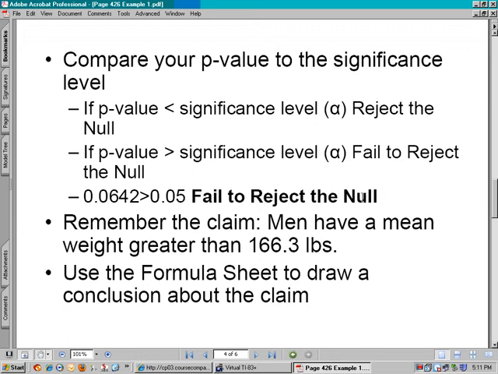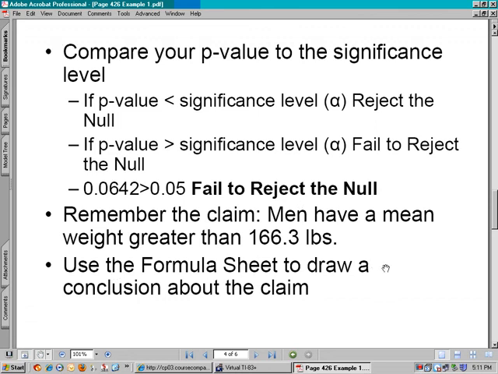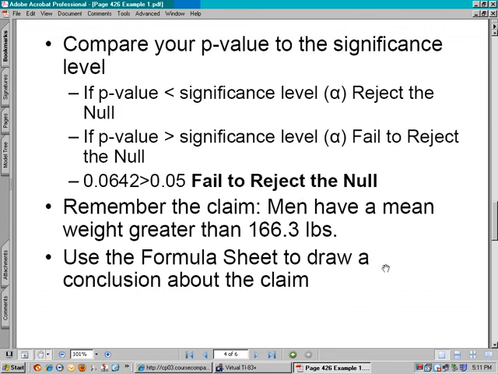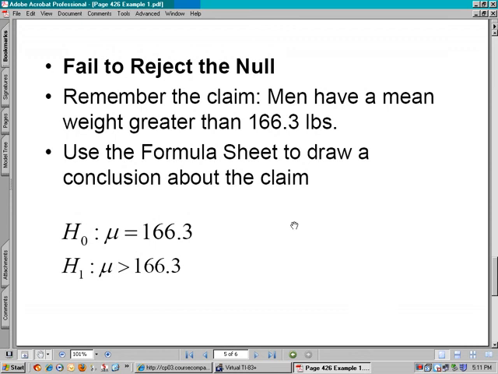Now think about this. If you fail to reject it, we're going to accept it, for right now. The claim before was men have a mean weight greater than 166.3, and we have failed to reject the null. In just a few minutes, we're going to use the formula sheet to draw a conclusion, but let me pull this up and show you something. We failed to reject the null.